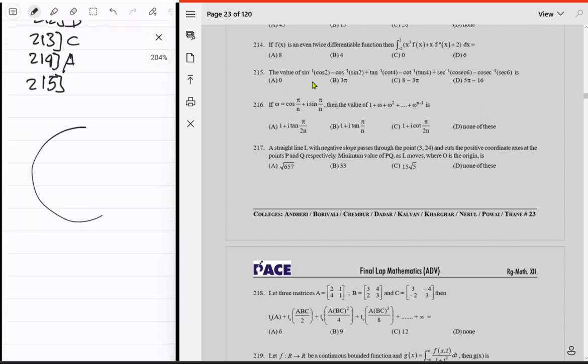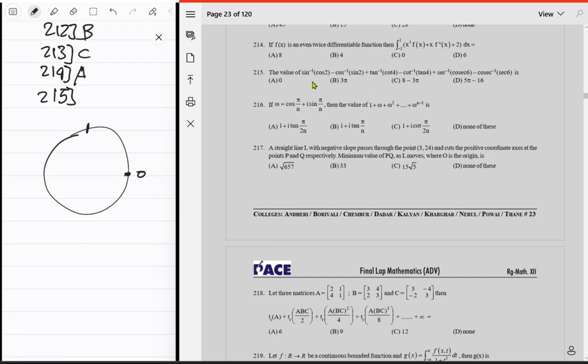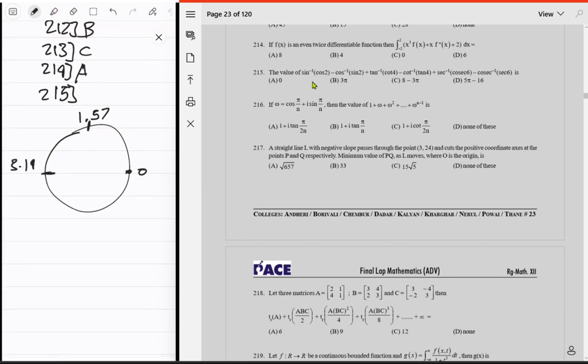Okay, on the circle, 0, pi upon 2, all that we will have to draw first, right. So let's see, how much is pi upon 2? 3.14 upon 2 and something, which is 1.5 and then 7, whatever it is, and then pi is 3.14 and so on. What is 3 pi upon 2? This plus this, which is 4.71 or something, so 4.7 approximately.